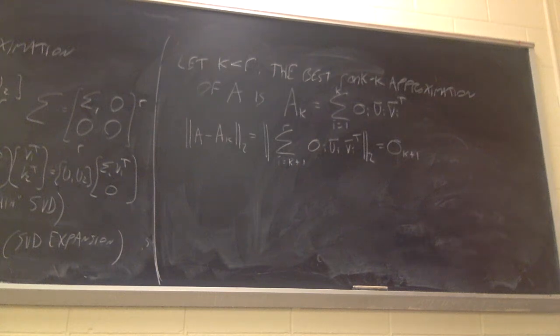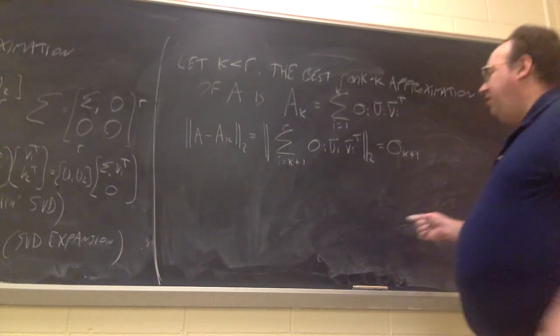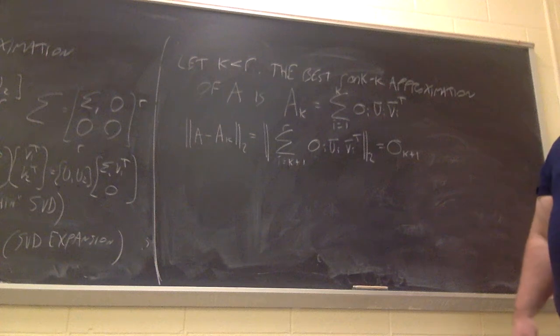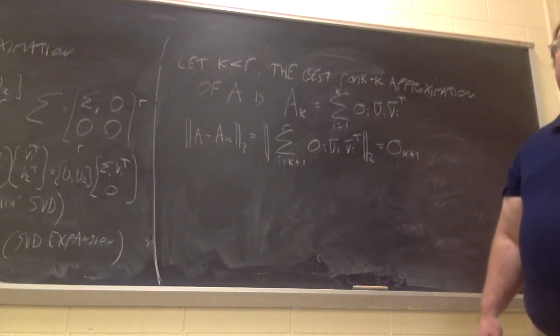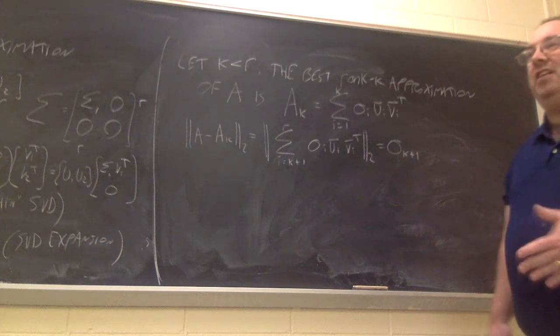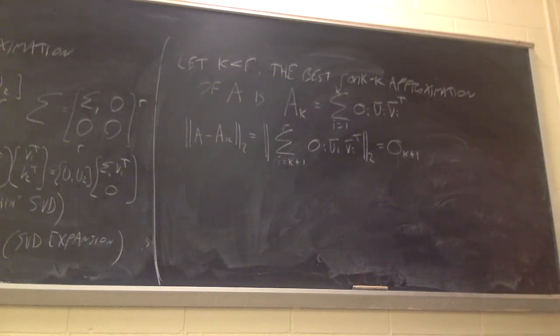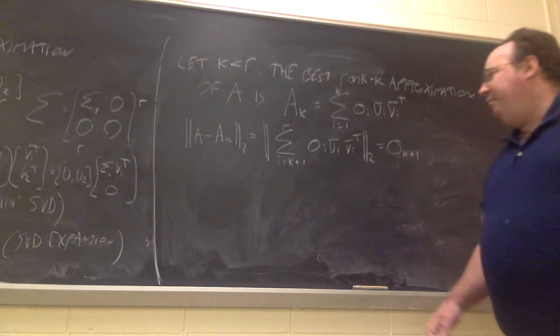So if you have the singular values, then you know what the error is going to be in that rank k approximation, just by inspecting the singular values. You might be looking at singular values and think, oh, here's a singular value that is extremely small, like maybe it's 10 to the minus 8 or something. And any other ones will be smaller than that. So you decide, okay, I'm just going to cut it off there, and I'll still have a really accurate approximation, at least in terms of the absolute error in the two-norm sense.